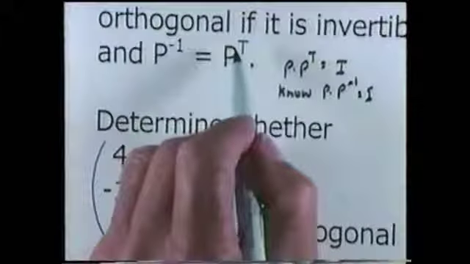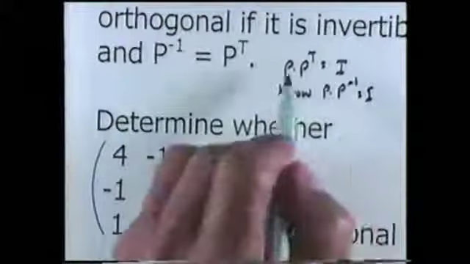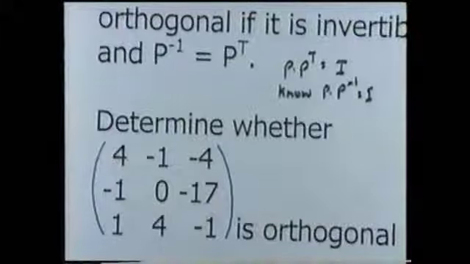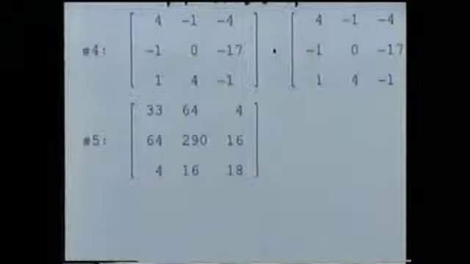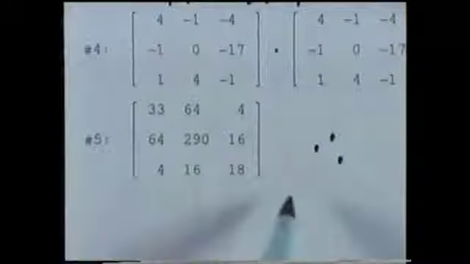So if P inverse is P transpose and P times P inverse is the identity, then P times P transpose must be the identity. So I just had Derive calculate P times P transpose. I didn't get the identity. So since I didn't get the identity, that tells me that it is not orthogonal.